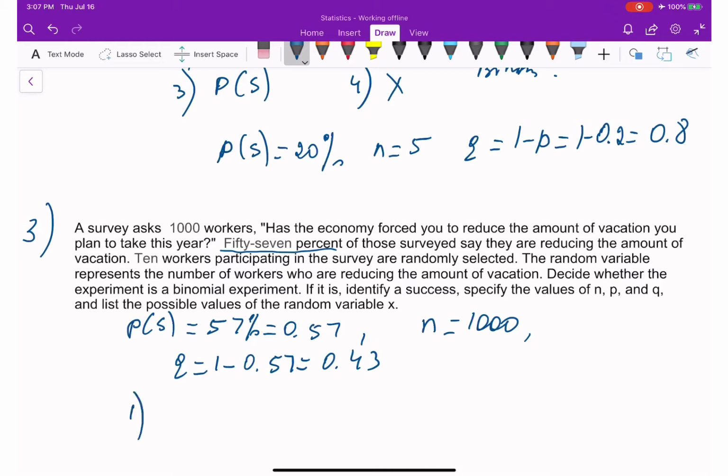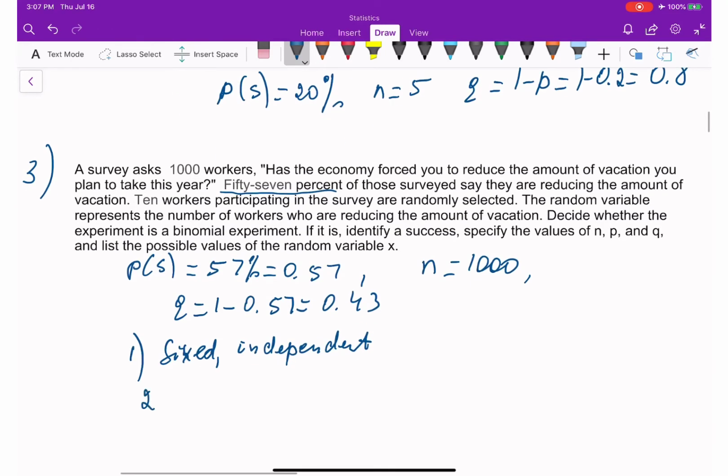Okay, well, let's see. First one, are the trials fixed or not? Yeah, 1,000 workers. What one worker does has nothing to do with the other one, right? So fixed and independent trials.